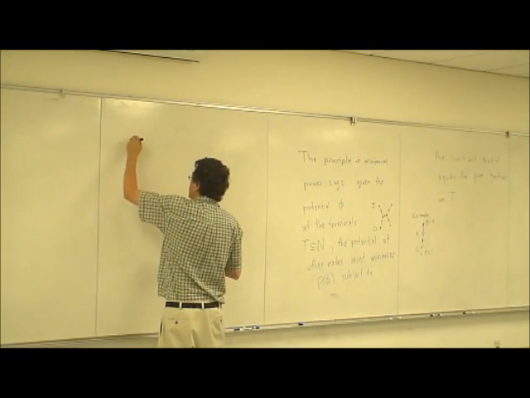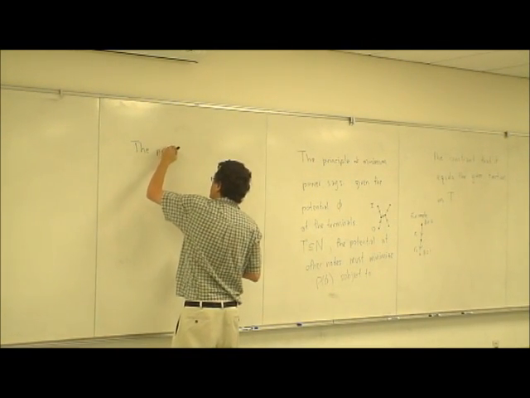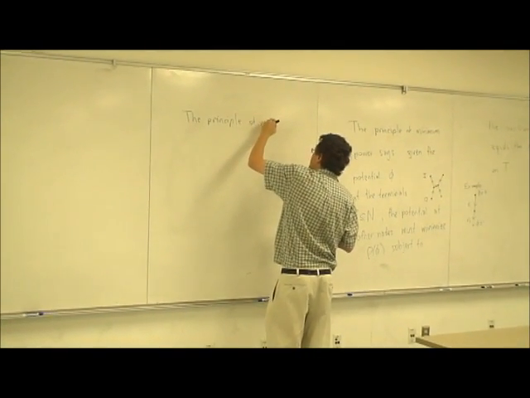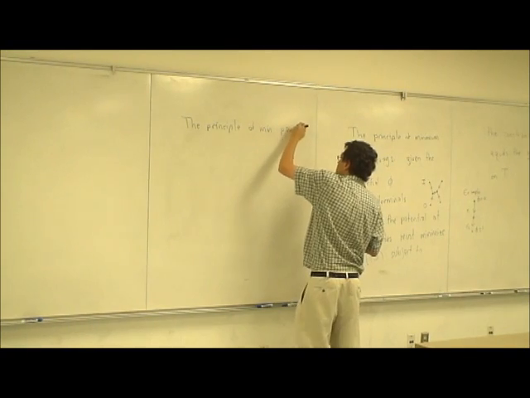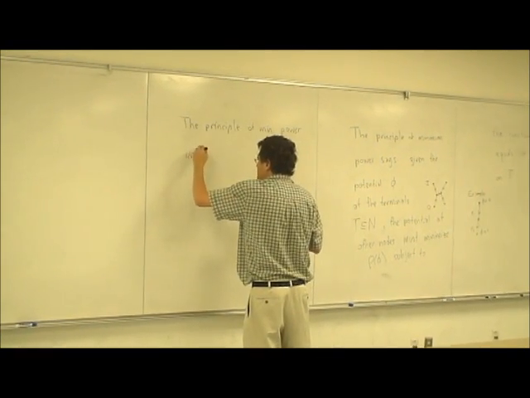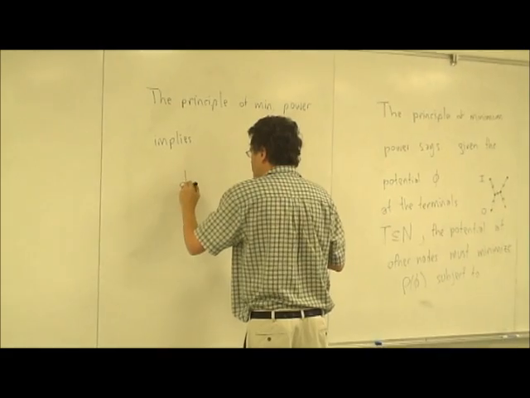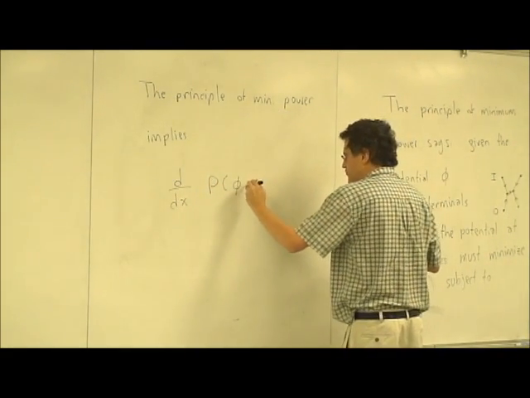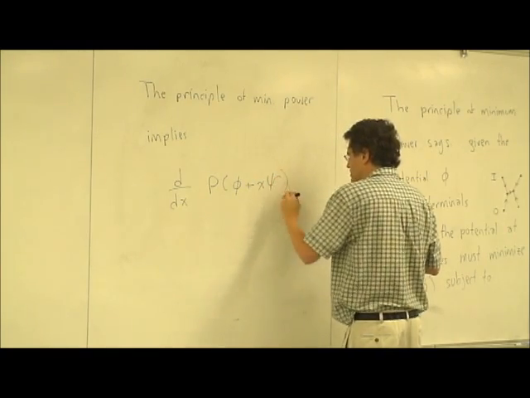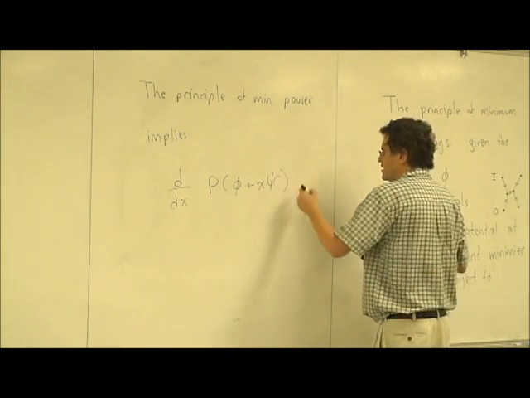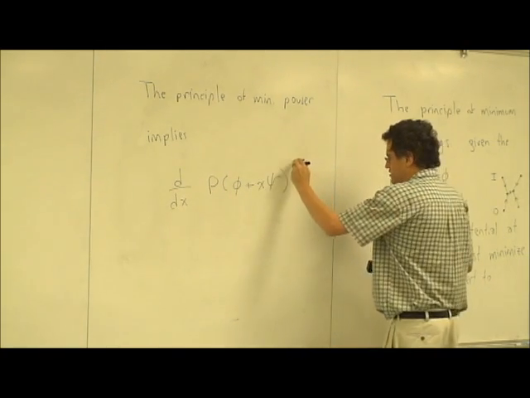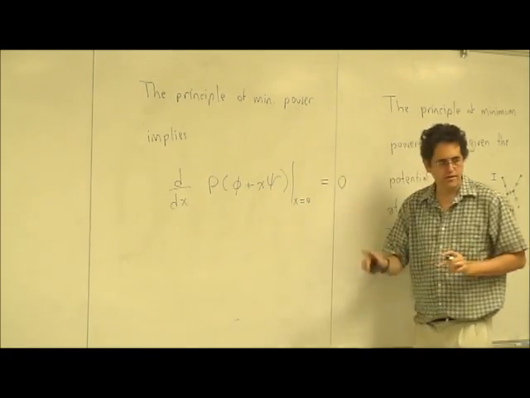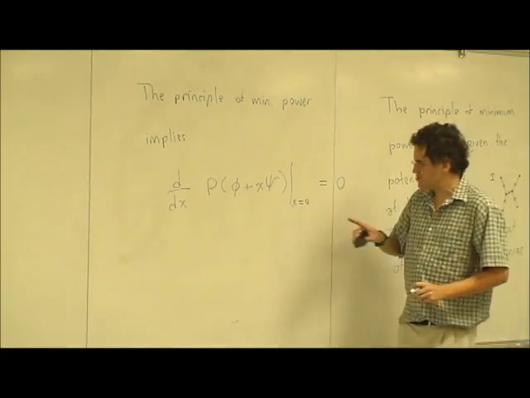The principle of minimum power implies that if you calculate the power at this potential phi plus x times c, and then see how it changes as you change x, this derivative has got to equal 0, at least when x is equal to 0.